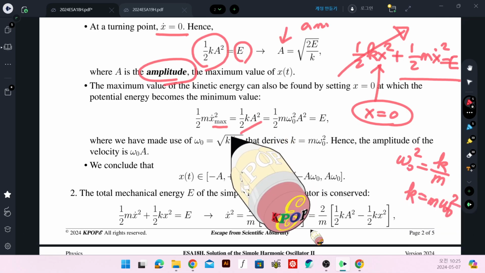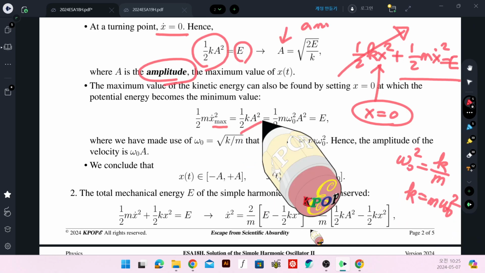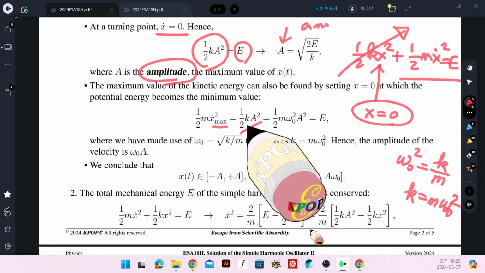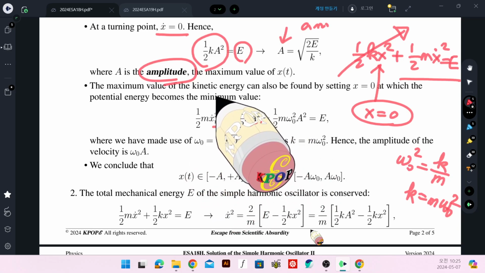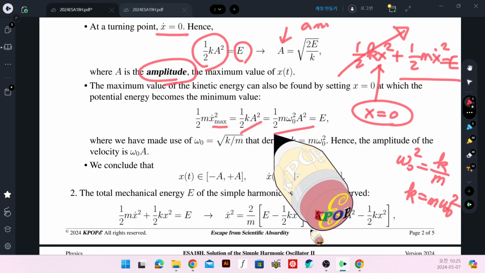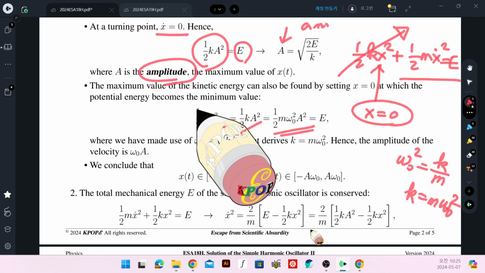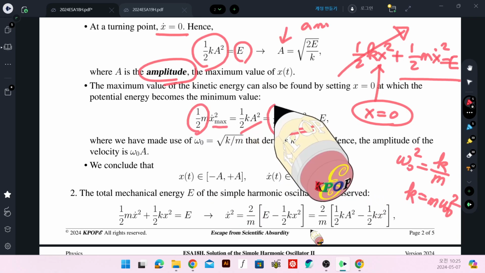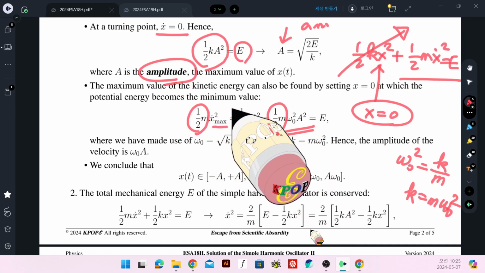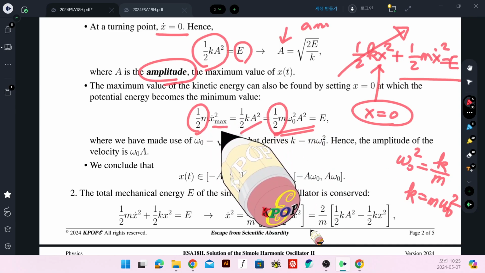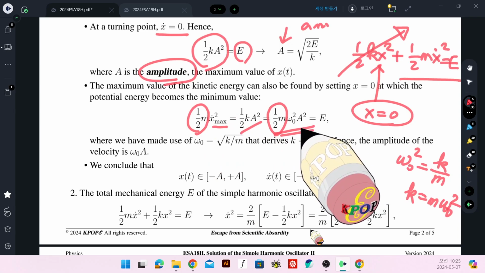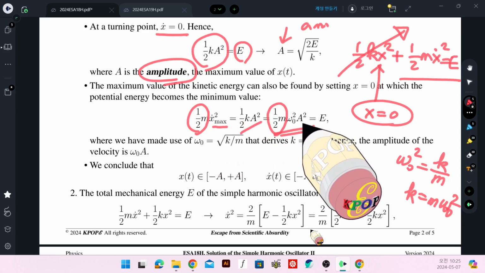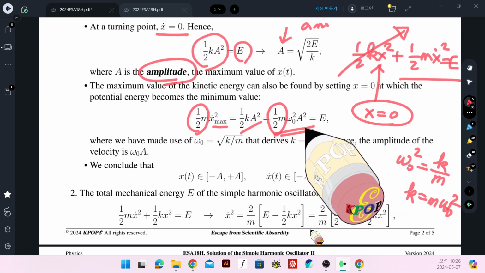So we substitute omega 0 squared for the spring constant k with amplitude A. Then the maximum value of the kinetic energy can be expressed like that. We find this 1/2 mass, they are the same. So the maximum value of the velocity squared is omega 0 squared multiplied by A squared, amplitude squared. The maximum value of the speed should be omega 0 A.